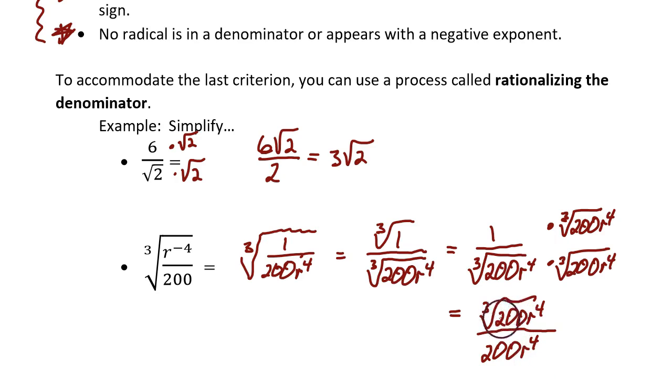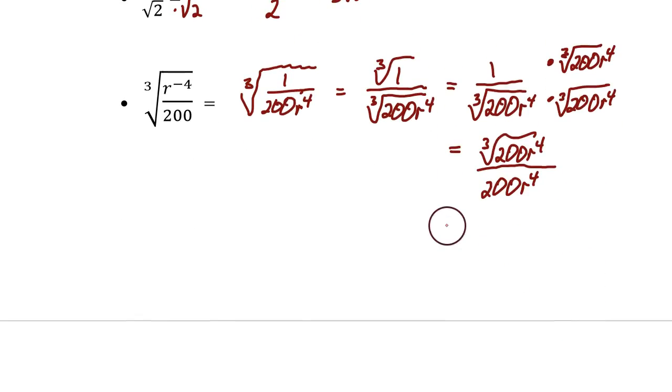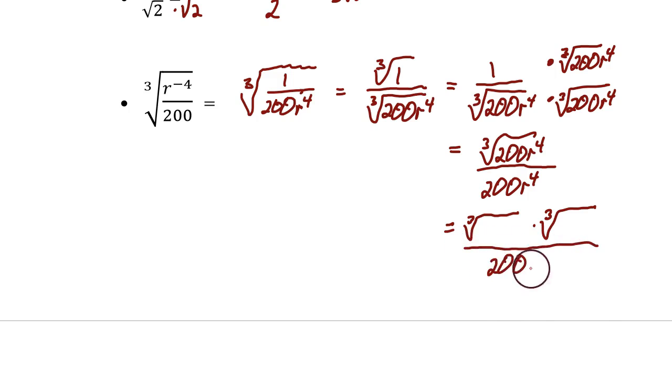The number 200 is not a perfect cube, but it can be factored where one factor is a perfect cube. So we need to rewrite this as a cube root times a cube root. Remember that this is over the denominator of 200r to the fourth power.